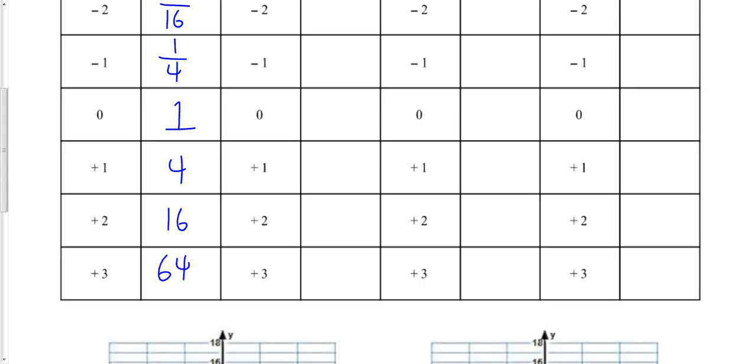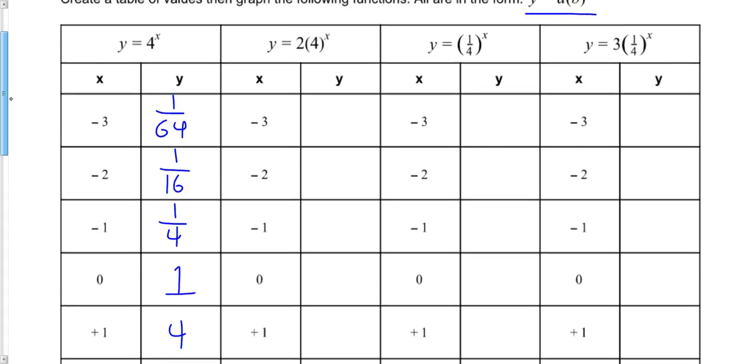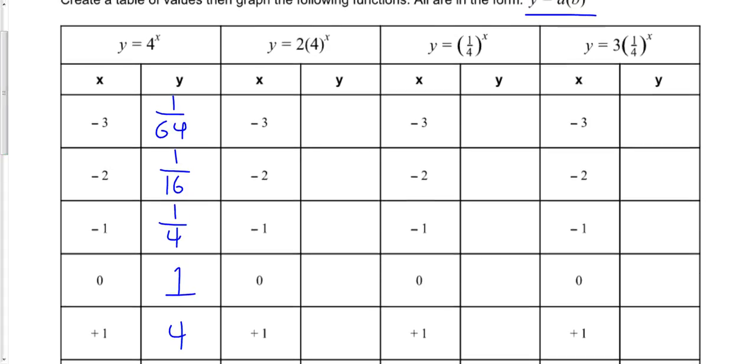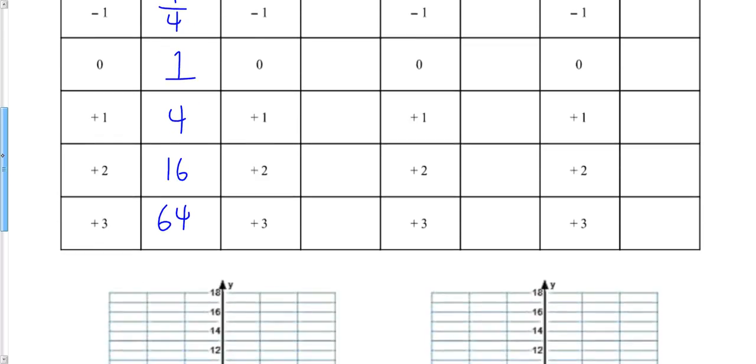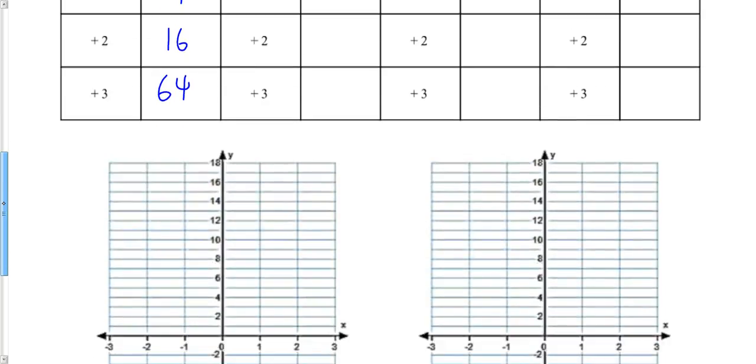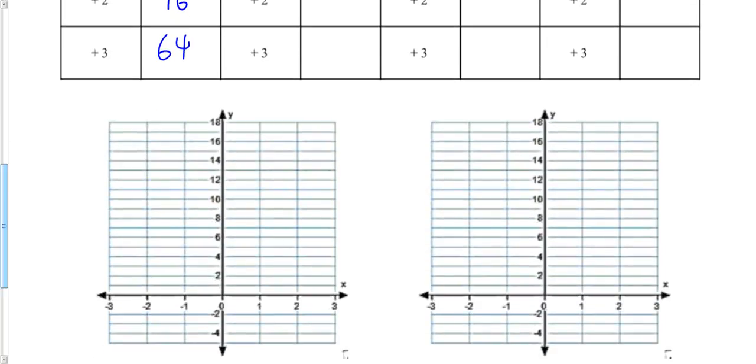So if I want to graph y is equal to 4 to the x, there are a couple of things I need to be aware of as I'm graphing that. I'll graph that here with the blue mark. I know that 0 is 1, 1 is 4, 2 is 16, and 3 is somewhere off the chart.